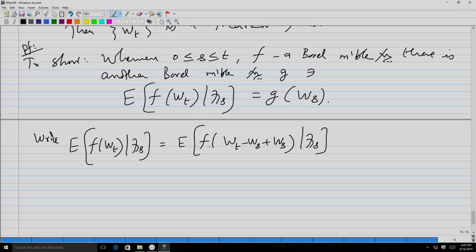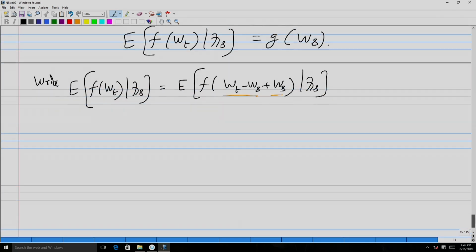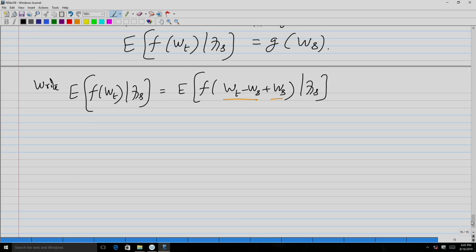Now, if I call this quantity one random variable and this quantity another random variable, you would see the first one is independent of F s, the second one is measurable with respect to F s, then I can apply your independence lemma, right. Many a time that is what we use to show that some process is Markov, and also to compute the conditional expectation. In both cases, that is what is being used.